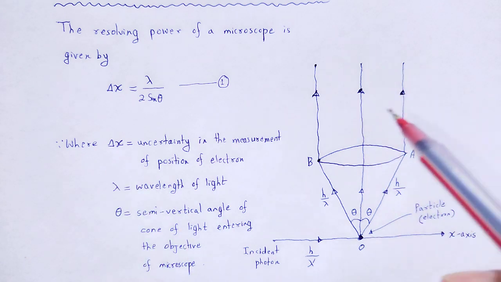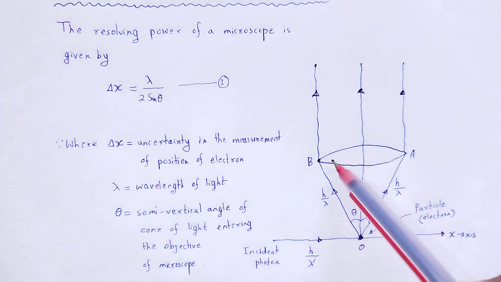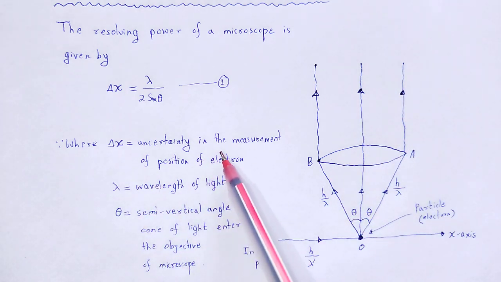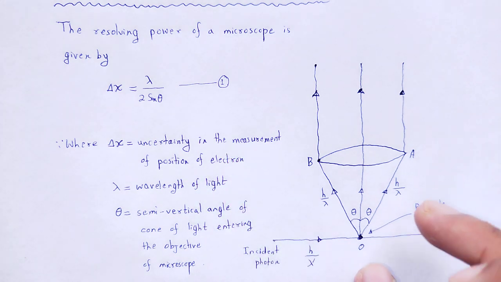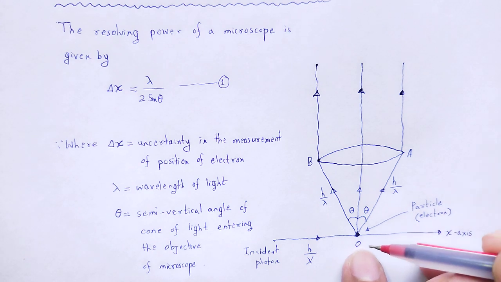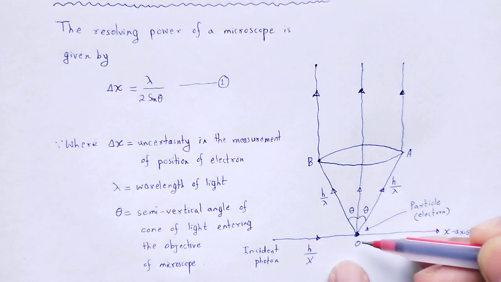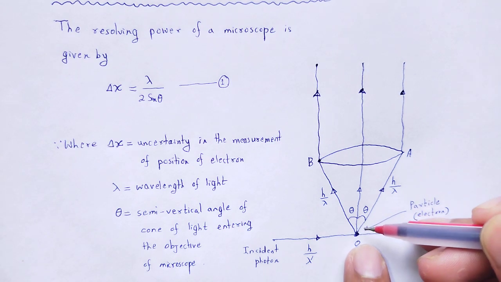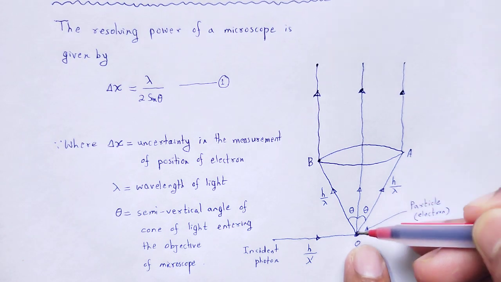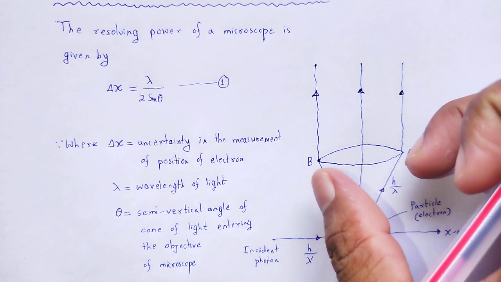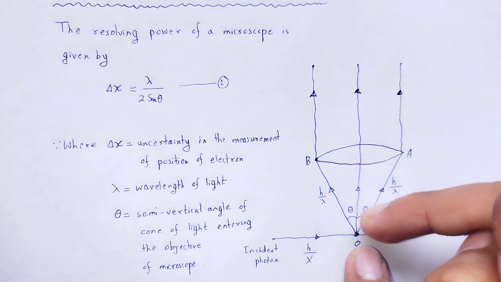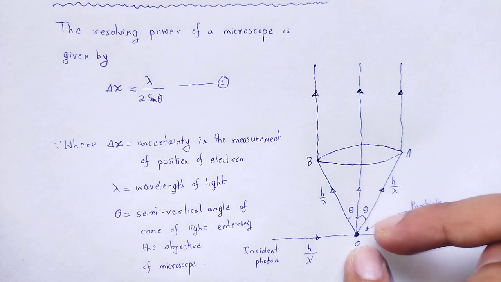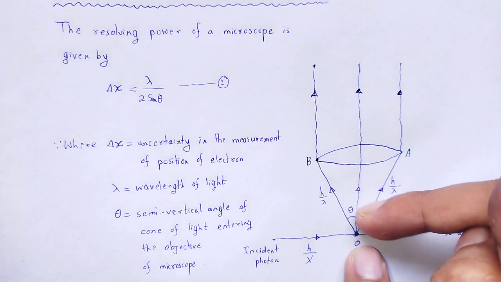Again, what is that del x? That del x we call the uncertainty in measurement of position of the electron. Why? How do we see that electron? We see that electron when the scattered photon is in between this range from A to B, within the angle plus theta to minus theta.